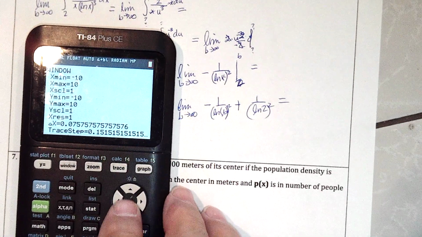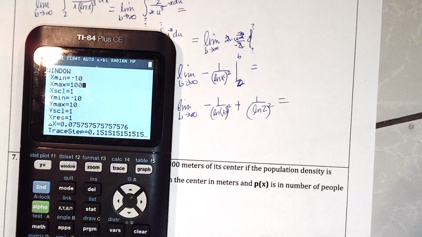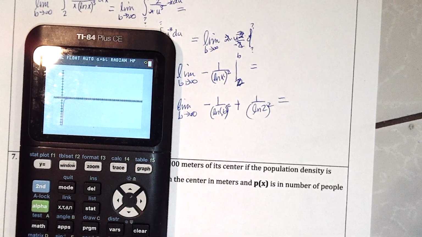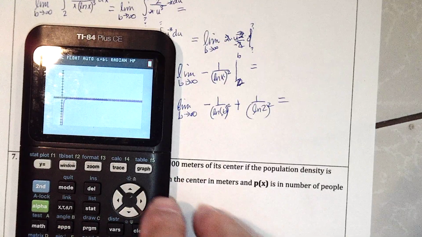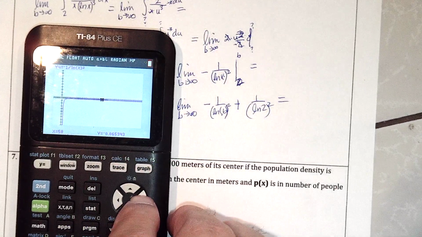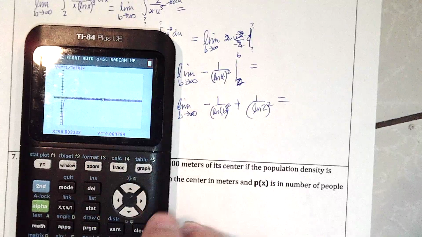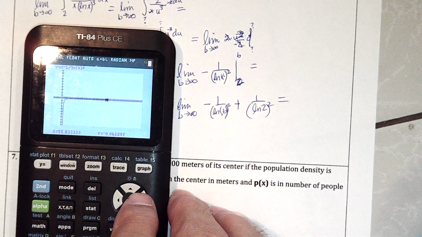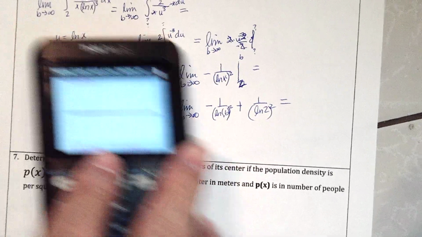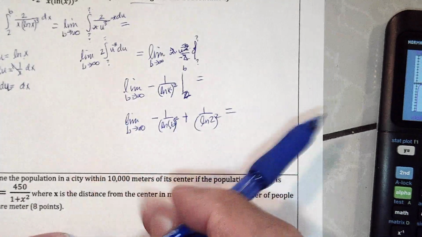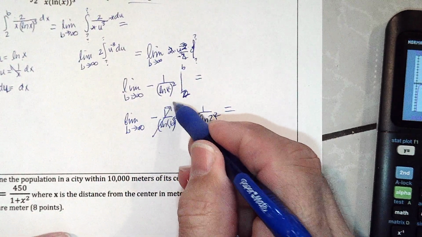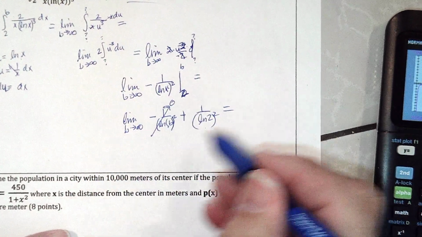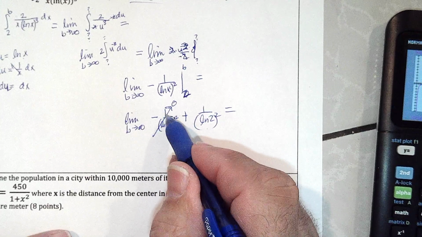We can look out there further, and it doesn't do anything except get closer and closer to 0. I can push trace, and it says it's negative 0.06, negative 0.05, negative 0.04, and it just keeps getting closer and closer. This is headed towards 0, and so this is gone.